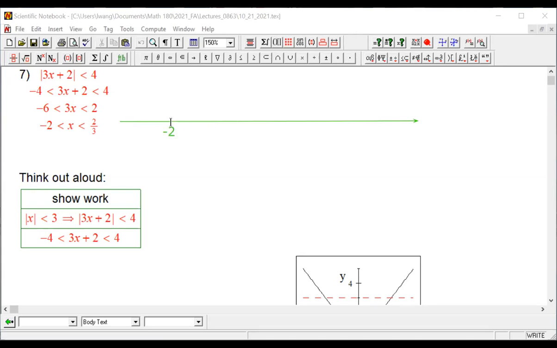So this point is -2, and I'm going to mark another point, 2/3. You just need to make sure these two numbers are marked at the relatively correct position. In other words, the negative number should be shown on the number line as smaller than 2/3. Do you guys follow me?